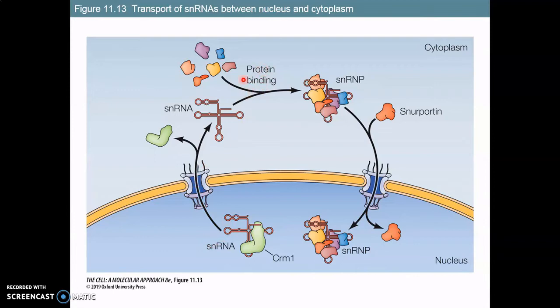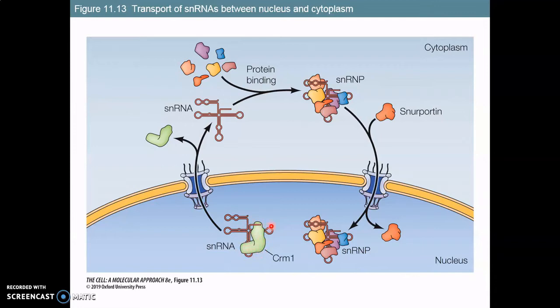In the cytoplasm, it'll associate with all of the proteins that it needs, and then we specifically re-import this whole complex back in. Otherwise, what we would have had to do is import each one of these proteins individually and allow this complex to form in the nucleus. Either method could have worked. The cell found this to be the most efficient.